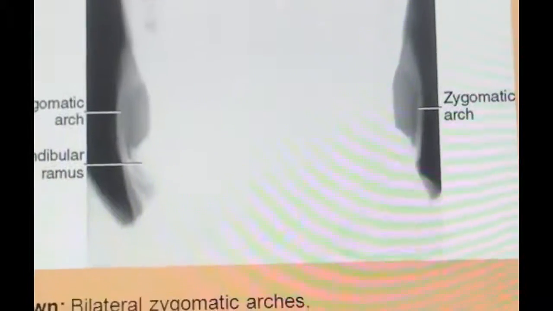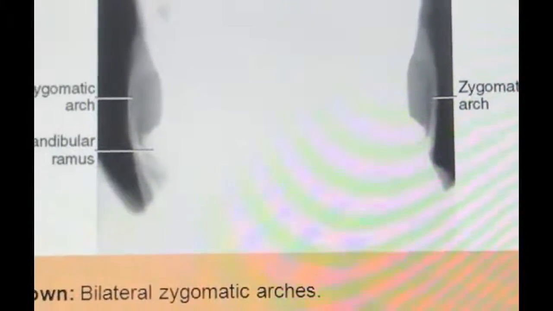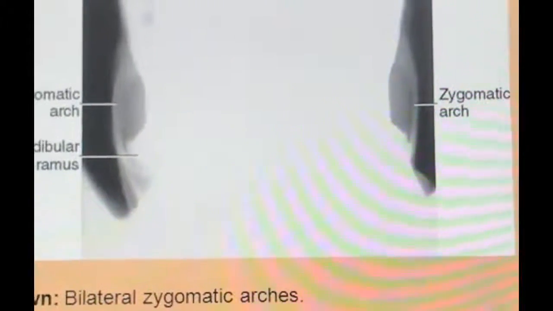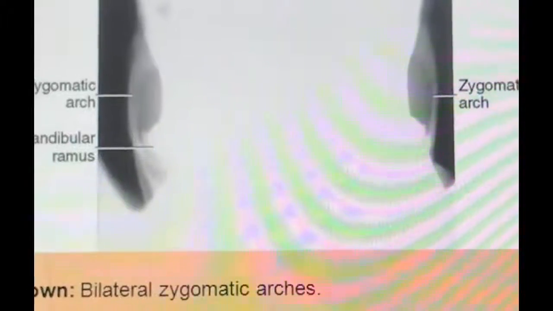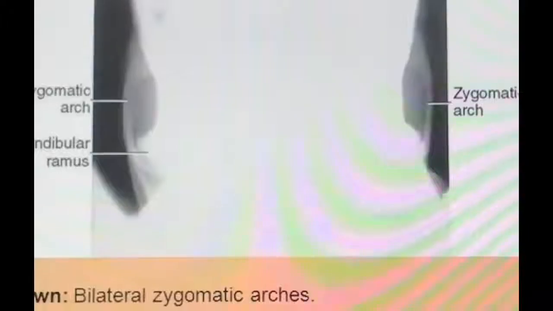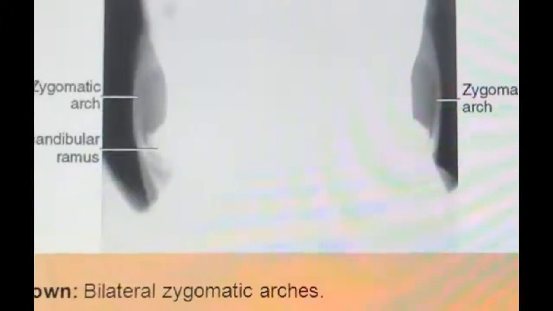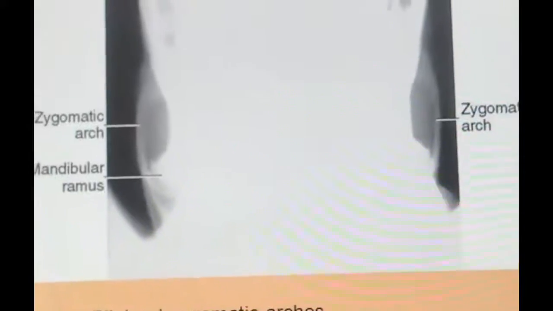Try to avoid using AEC exposures. Maybe try and use manual exposures as per your department protocol. In terms of your medical legal requirements, as we mentioned previously, your area of interest, you should be able to see your zygomatic arches bilaterally without superimposition on any of the other facial structures.